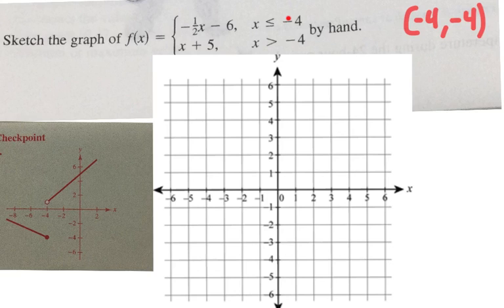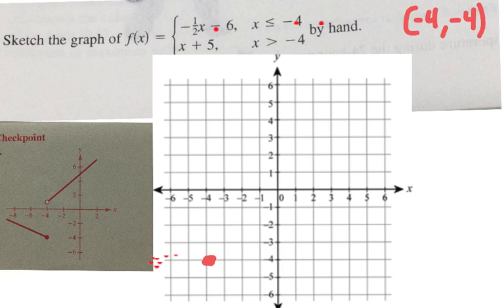So I go to (-4, -4). I've got a point there, and that point is included, so I'm going to fill it in. I know it's included because it says less than or equal to. Now, if x has to be less than -4, then that's going to be everything to the left of -4, so I need the line to go in this direction.